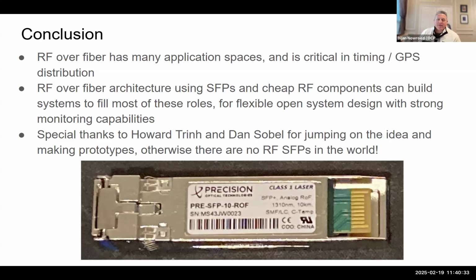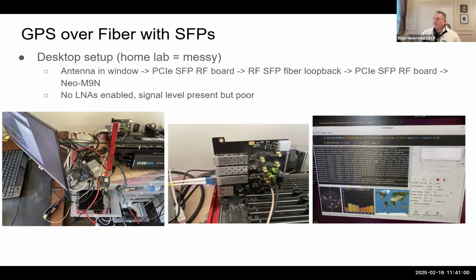I can understand what this would cost, but what about the media converter that you probably need in the front end? You mean the SFP? Well, from GPS, RF, you have a media converter that goes to fiber. Yeah, that's just the SFP. There's an SMA or a TNC in the very front.